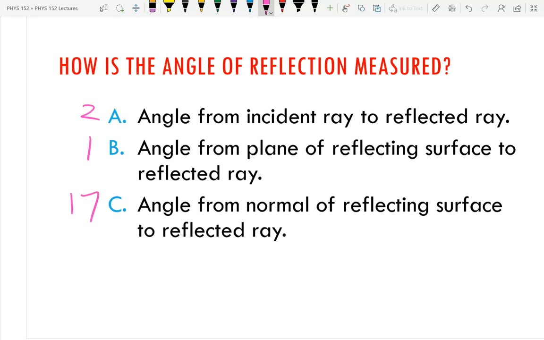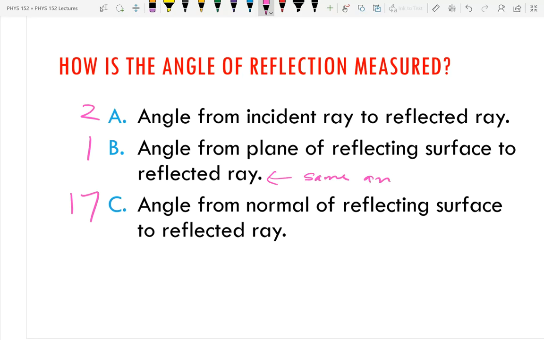No, but yeah, you should go with the one you understand, because if you're wrong, then you'll find out why. Yeah, I chose C because we talked about how it needed to be normal to the surface. Okay, yes, it needs to be measured from the surface normal. And as I said, if you're actually talking about just reflections, you would get the same answers if you measured this one.